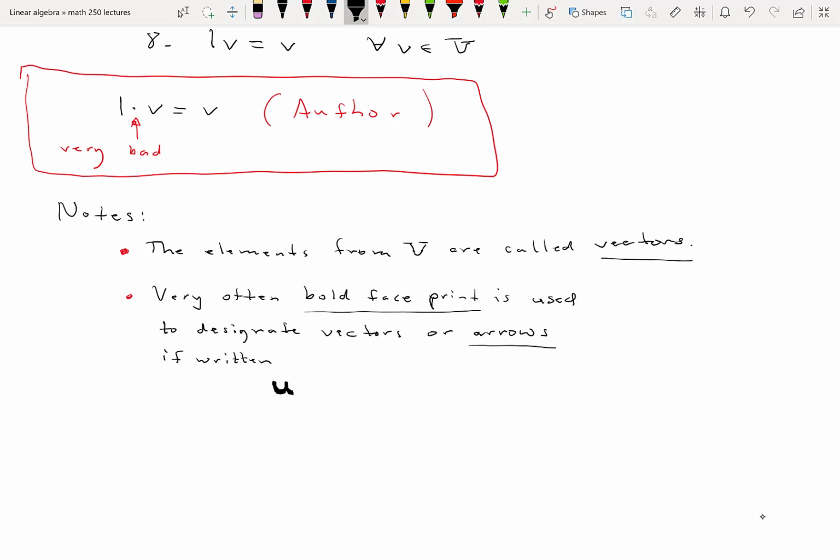You can see how this would be impractical for writing. So for writing, we would write regular u with a little arrow over it. In Calc 3, I insist that my students use arrows when they want to represent vectors. If they don't put a little arrow over u and they want it to be a vector, it's wrong. In this course, we lighten up a little bit.